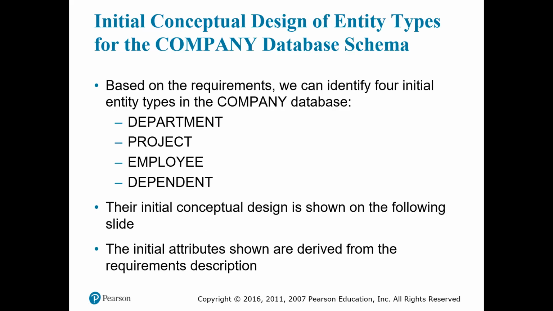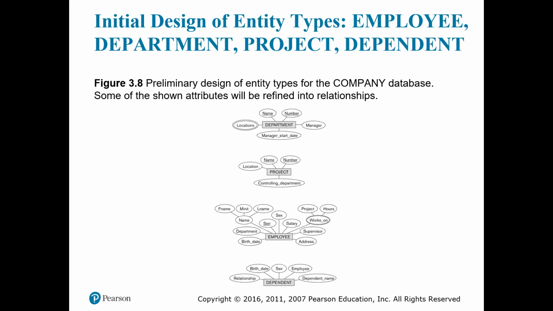So in English, we had our four main entities, and our requirements also allowed us to list or describe the attributes, and they're in this diagram, just like you would think. With the key locations, a department will have a unique name and a unique number.